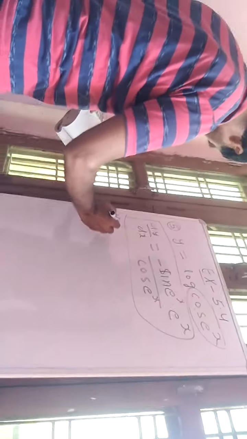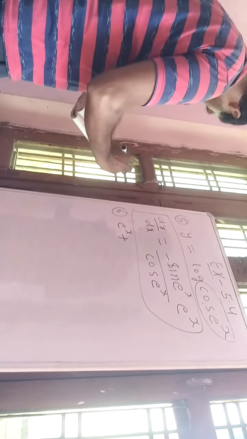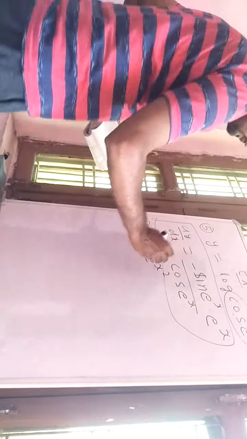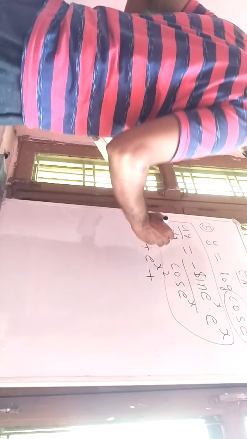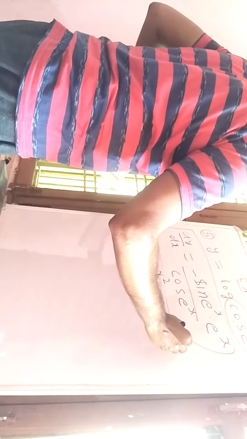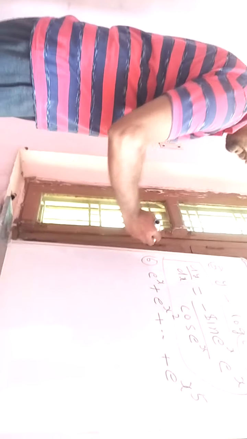e to the power x plus e to the power x square plus dot dot plus e to the power x to the power 5, this is y. Okay, so this is very easy.